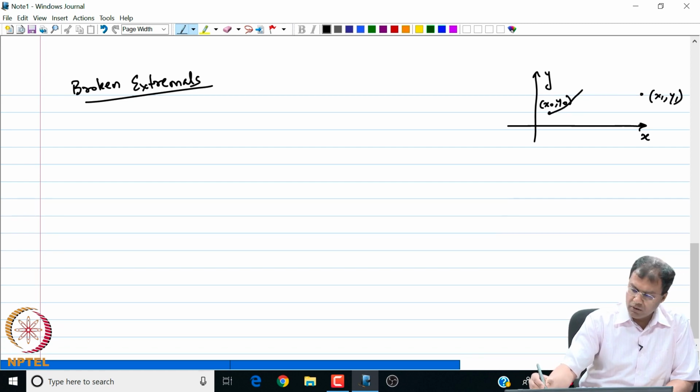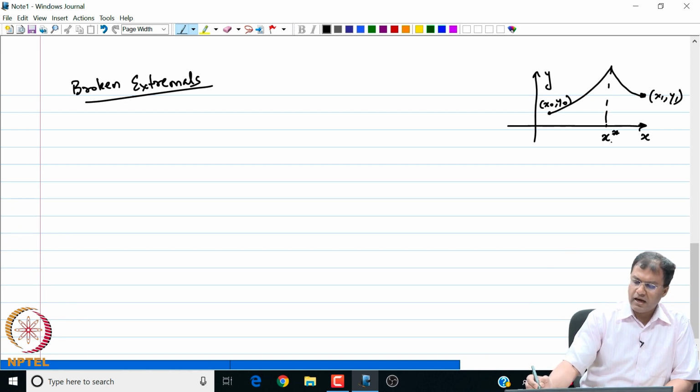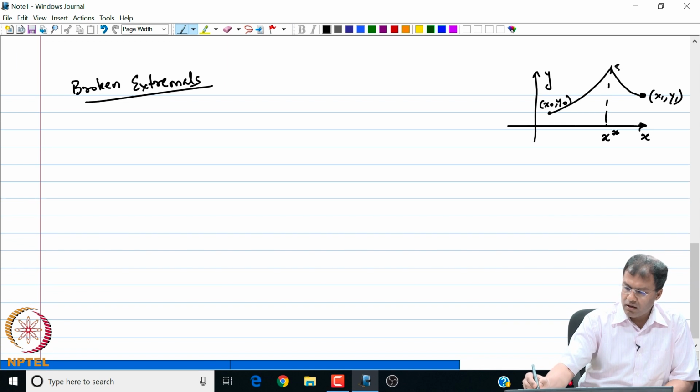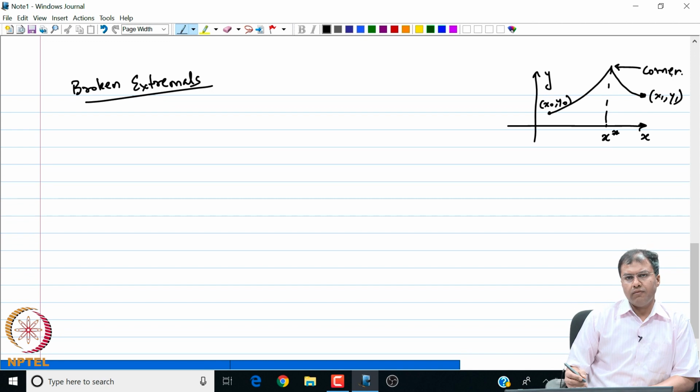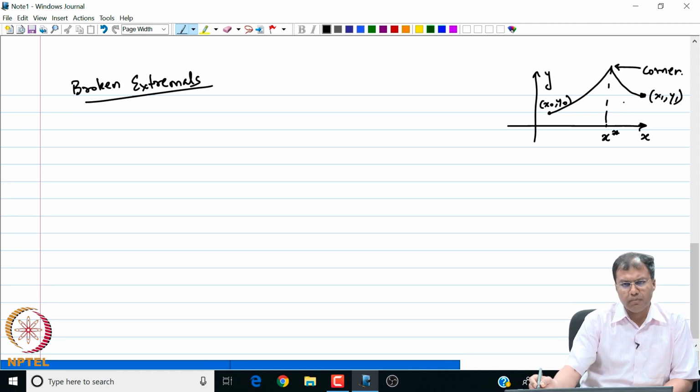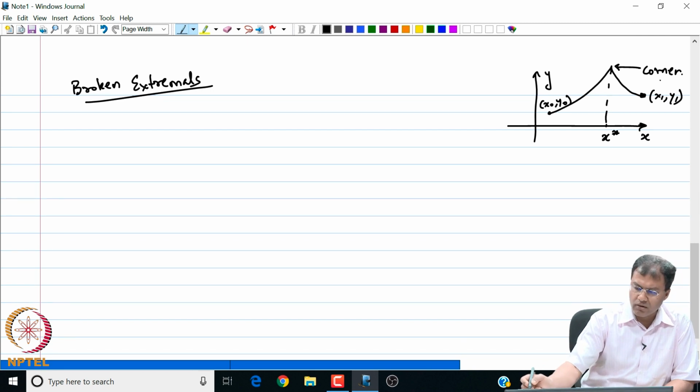My broken extremal could be the following, like this, right. So, here at x star I have the so called corner, right. The broken extremal, although we are going to deal with continuous broken extremals, will not have derivatives defined at least at some finite number of points. We call those points corners.